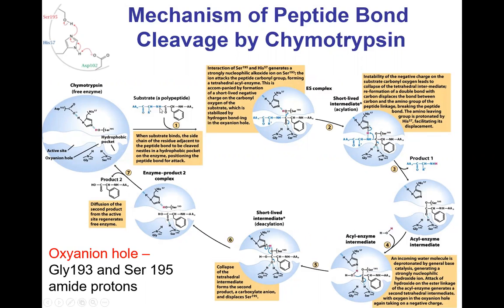But the way they have written this polypeptide is reversed. Remember, the N-terminal residue is always on the left-hand side, and the C-terminal residue is always on the right-hand side. So ideally they should flip this 180 degrees, and then you can see how chymotrypsin is cleaving at the C-terminus of the aromatic residue.